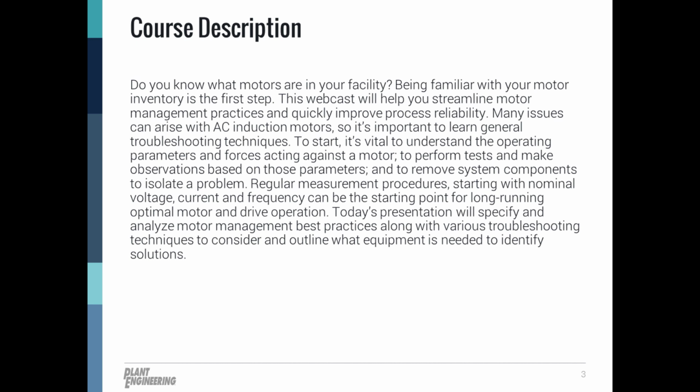Many issues can arise with induction motors, so it's important to learn general troubleshooting techniques. To start, it's vital to understand the operating parameters and forces acting against a motor, to perform tests and make observations based on these parameters, and to remove system components to isolate a problem.